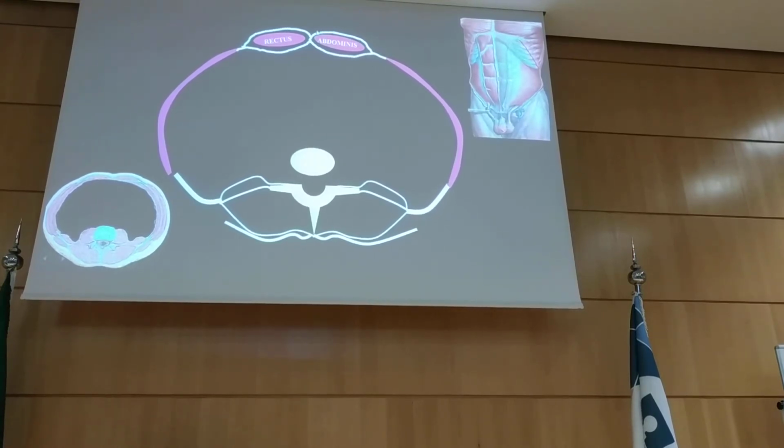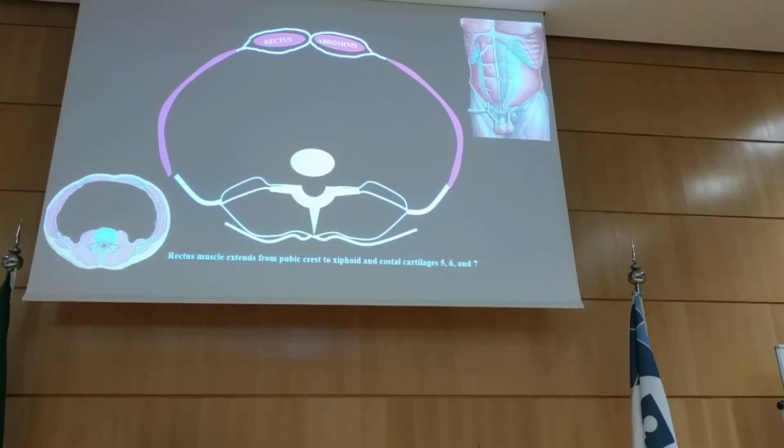This is anterior lamella and this is posterior lamella. Rectus abdominis itself is arising from the pubic crest or tubercle? Crest. From pubic crest to costal cartilage 5, 6, and 7.